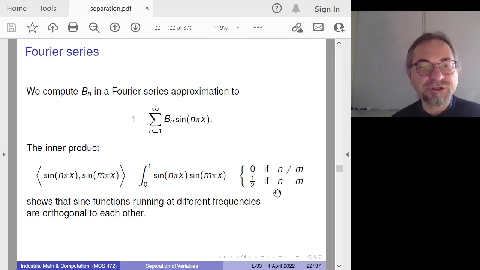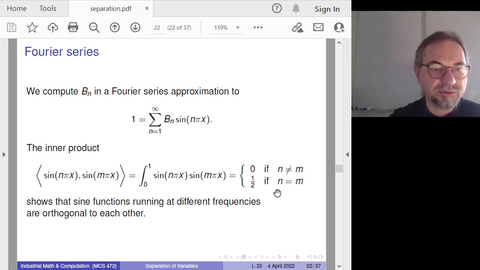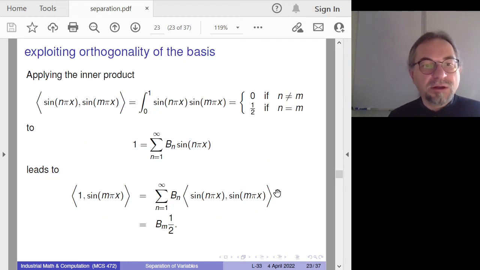So in the approximation problem, we want to write 1 as an infinite sum of sine functions, and we can do that. So that's actually the origin why Fourier series were developed. So the coefficients of the Fourier series approximation to 1 will actually end up with an explicit formula.